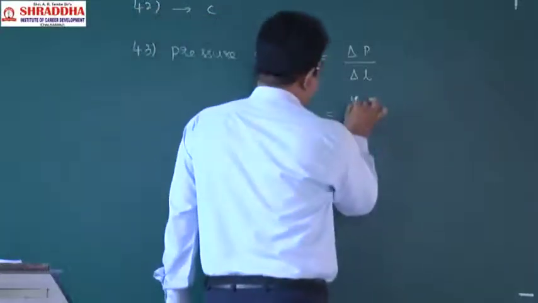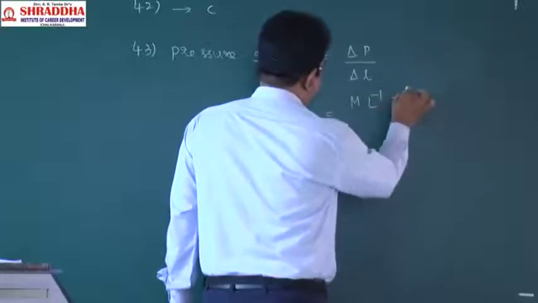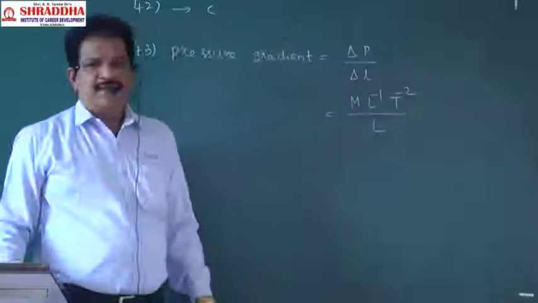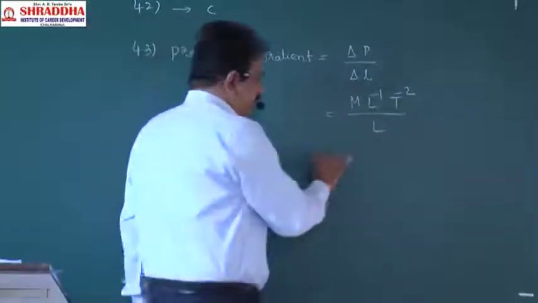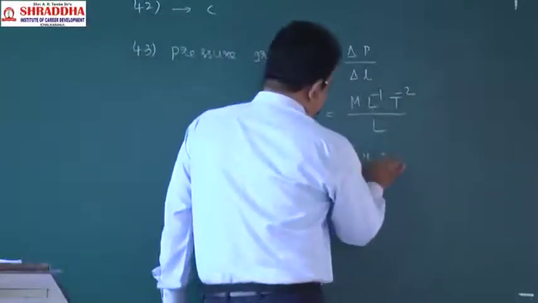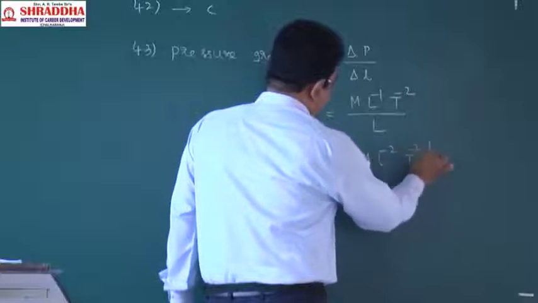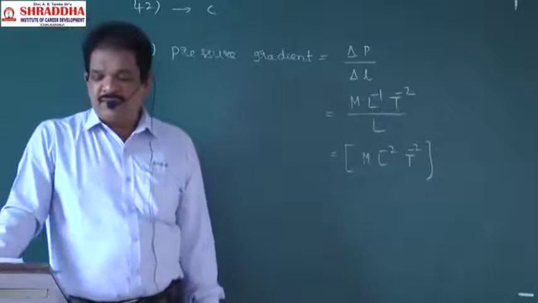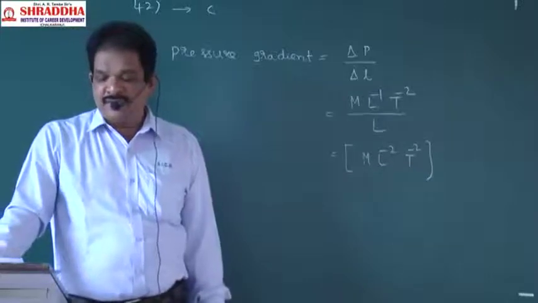So this value is M L power minus 1 T power minus 2 by L, so this is M L power minus 2 T power minus 2. That is the dimensional formula of pressure gradient.